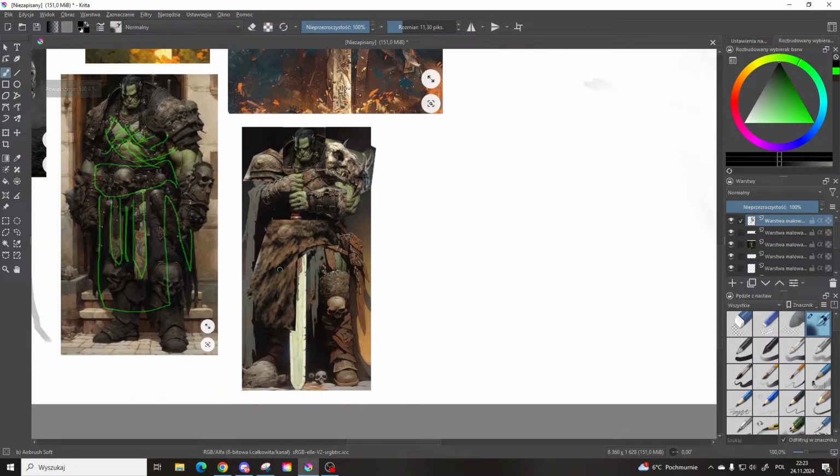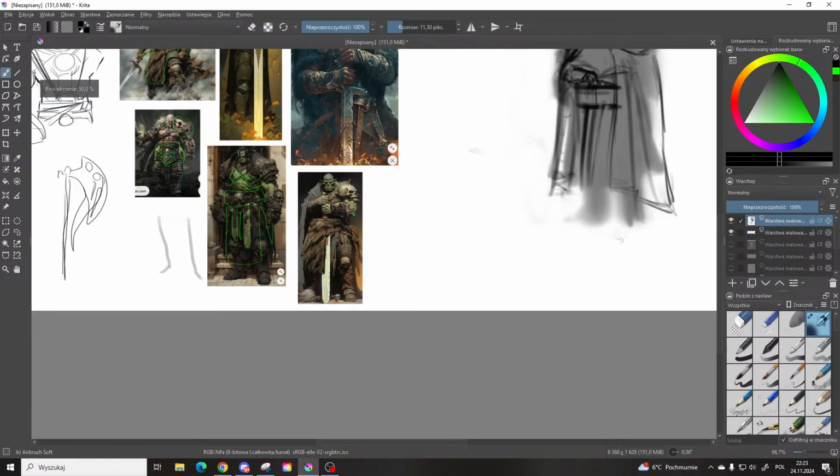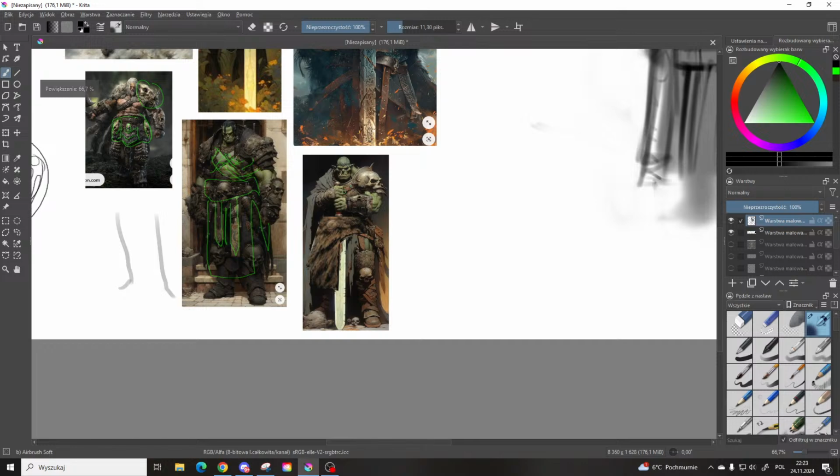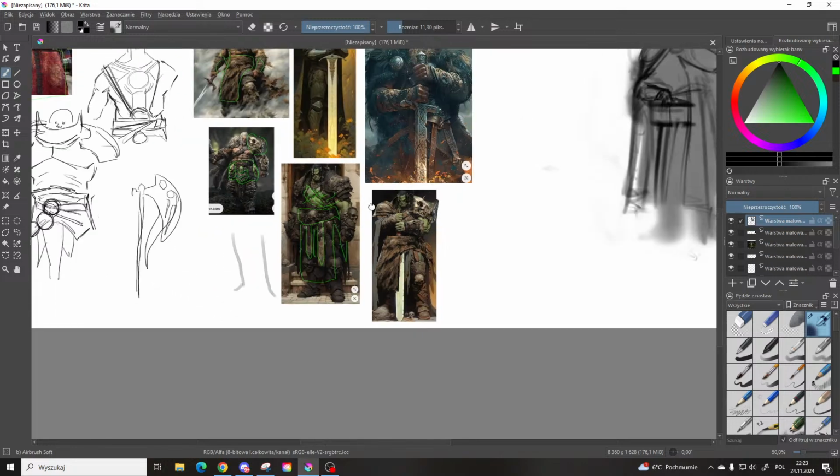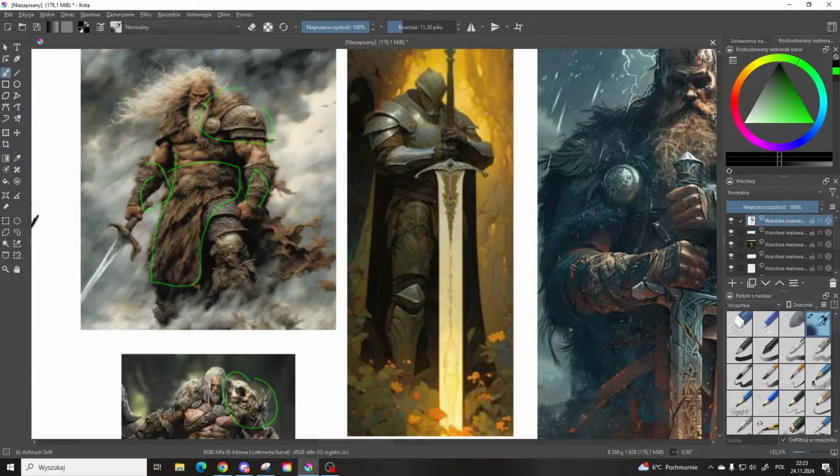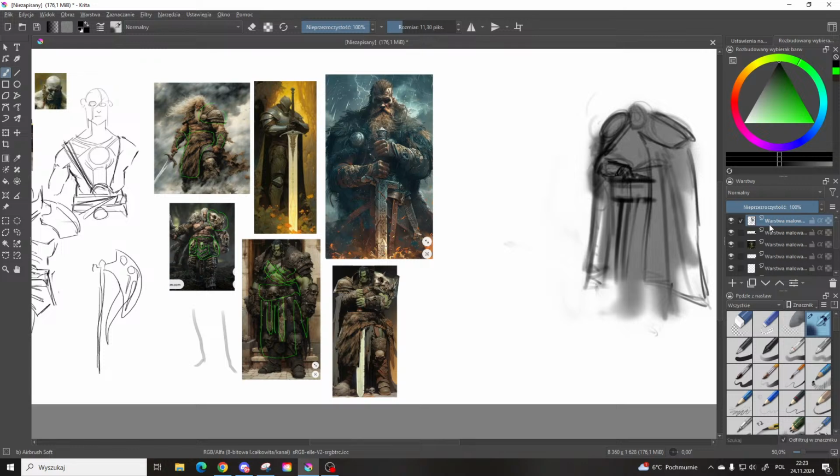And when I'm looking at this guy right now, he doesn't feel that majestic. I don't know why I picked this. This one is the most majestic out of all of them.